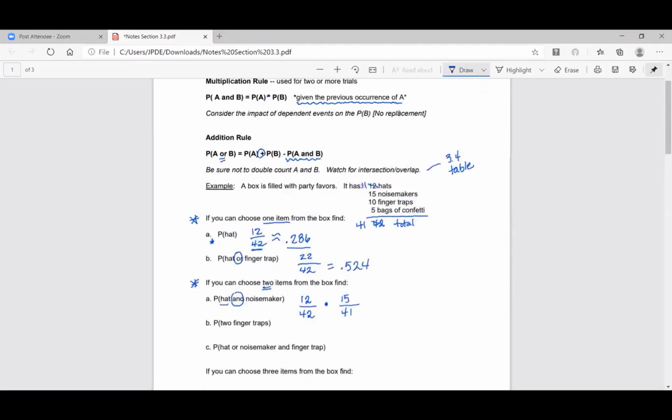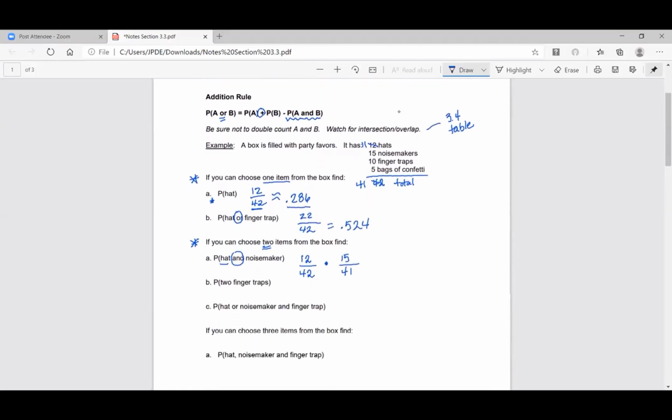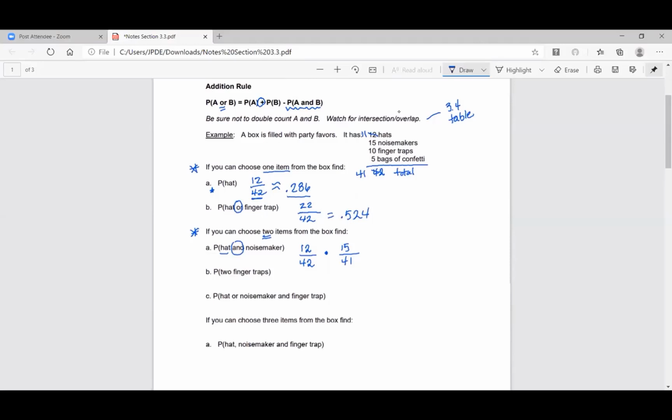And that's what in the multiplication rule it means given the previous occurrence of A. So you've got to think about what happened in your first trial and how that's going to impact the results of the probability in your second trial.